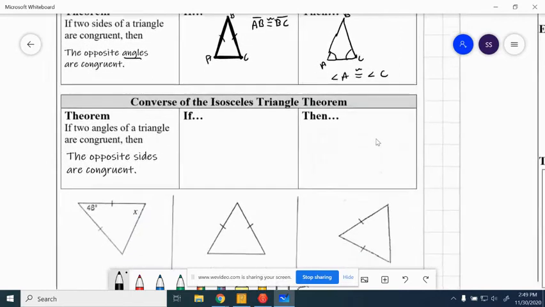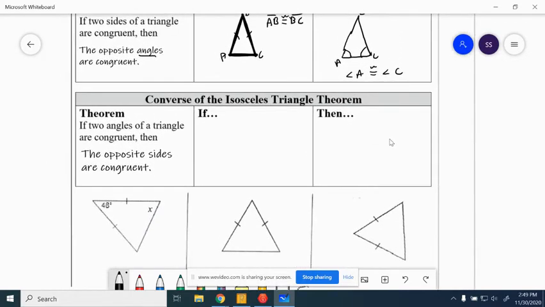And the converse of the isosceles triangle theorem is saying the exact opposite. So if two angles of the triangle are congruent, then the sides are congruent, okay? So this is saying the same thing, just in a different way.